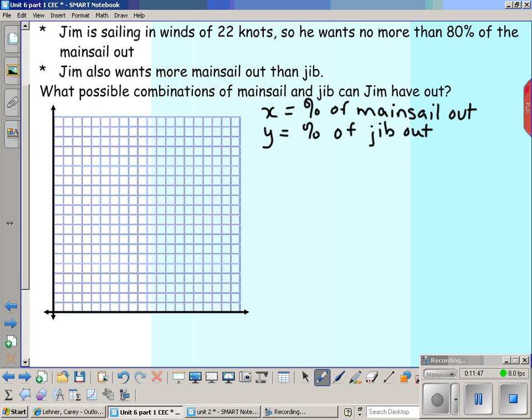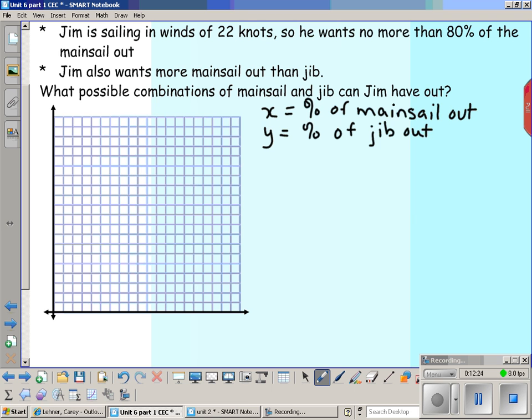We cannot have a negative percentage, so we are definitely in the first quadrant of our Cartesian plane. But can we have partial percentages? And the answer to this is yes. This is actually continuous data because you can have parts of a percent. We could put it out 1.1% or 1.05%. So therefore, we are in the first quadrant because every value has to be positive, but we are dealing with continuous data, so we are going to be shading our regions.